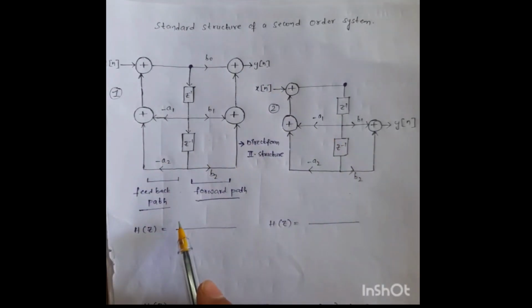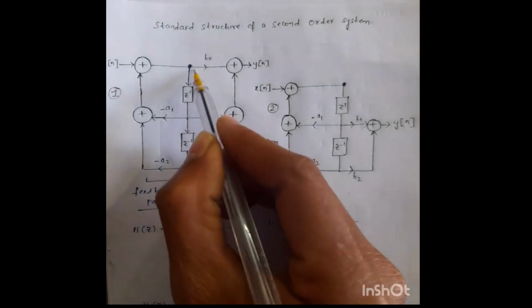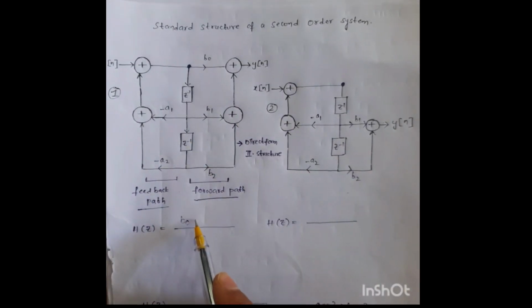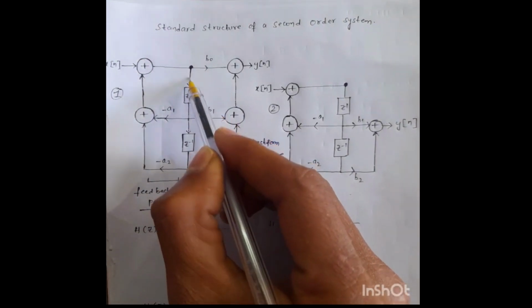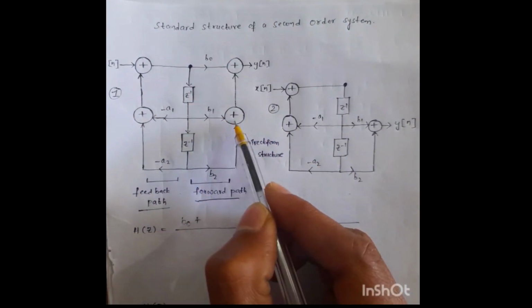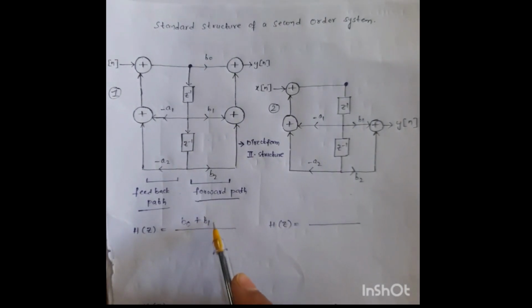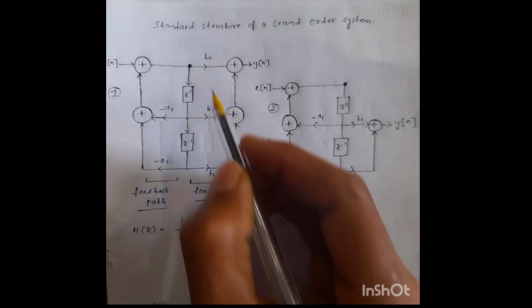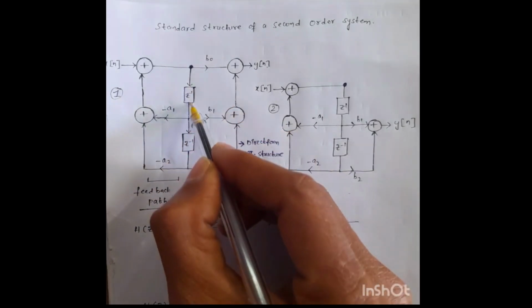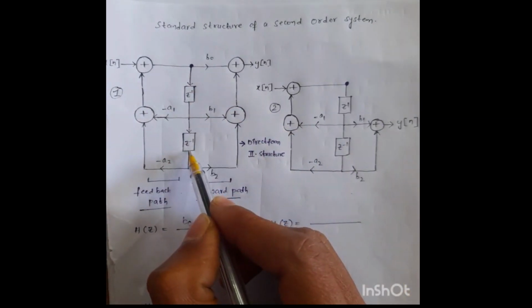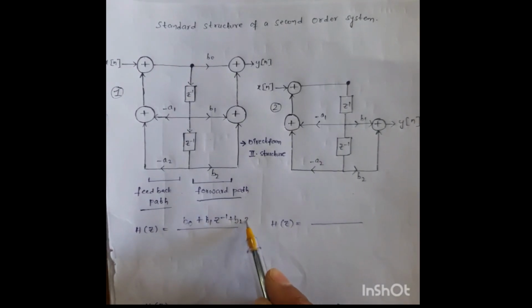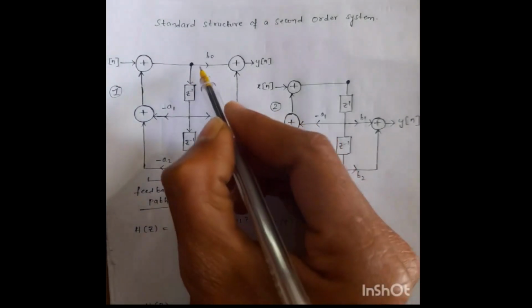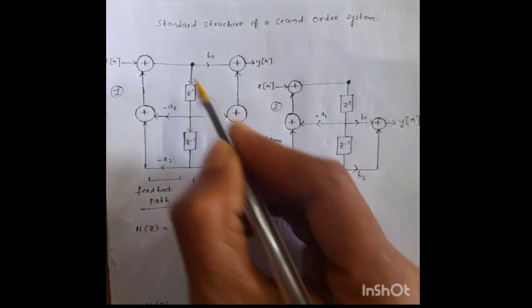So here in the numerator we write first path B0, plus in the second path, always start from here, come z inverse into B1, so it is B1 into z inverse. Next, always start from here, z inverse, again z inverse, and here B2. So B2 into z raised to the power of minus 2. So this is one path, this is one path, and this is one path.